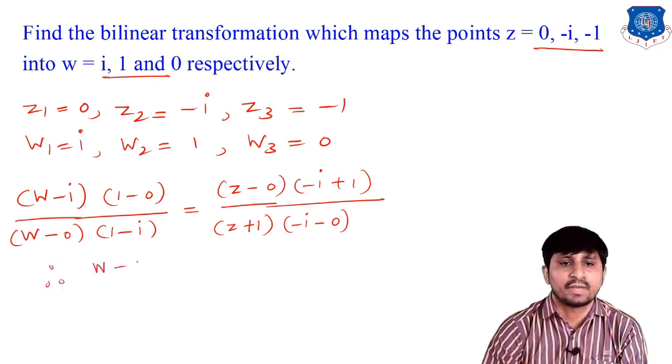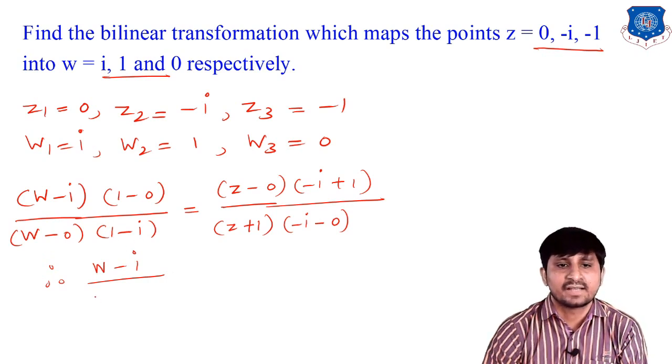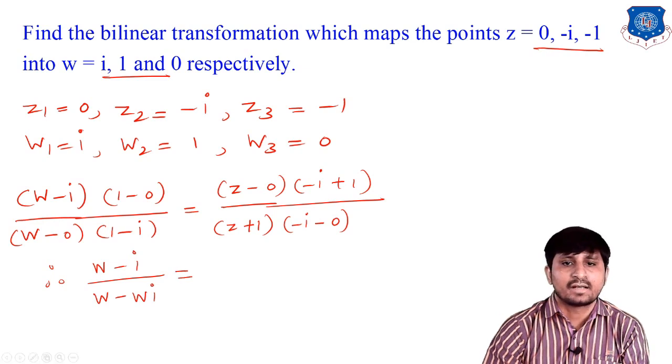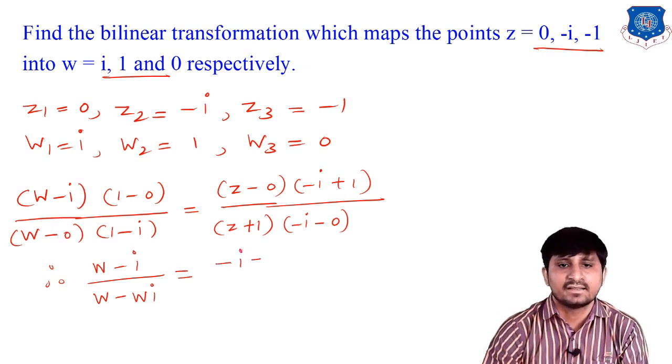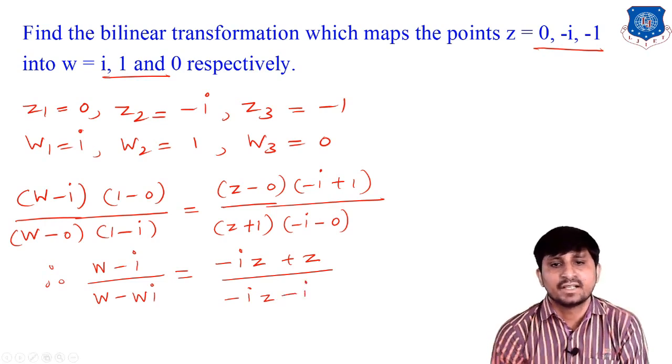Left hand side we have (w minus i) upon w multiplied with (1 minus i), so w minus wi. Right hand side we have minus iz plus z upon this, minus i multiplied with this term, so minus iz minus i. Clear.